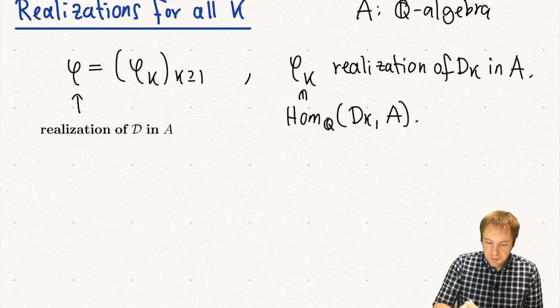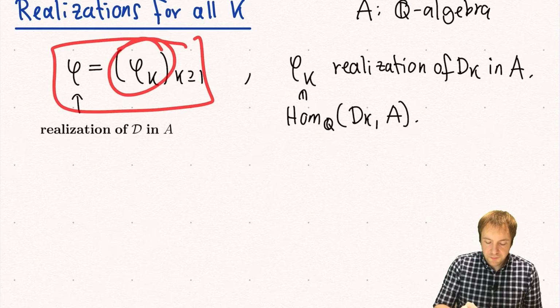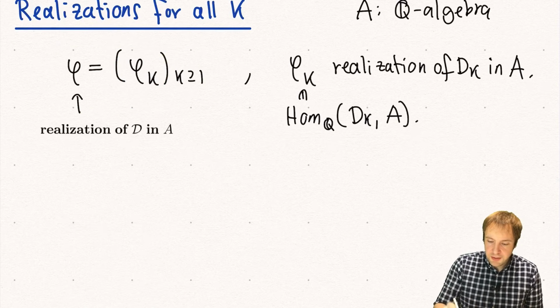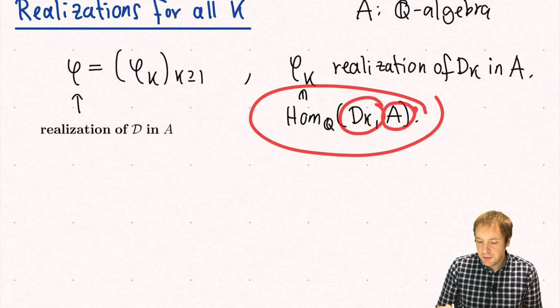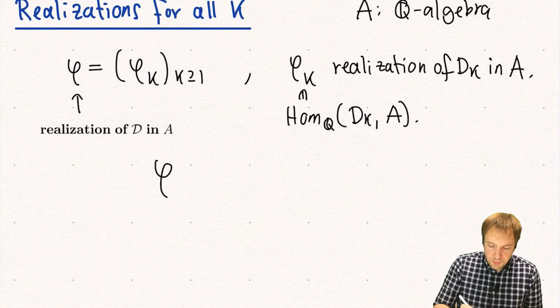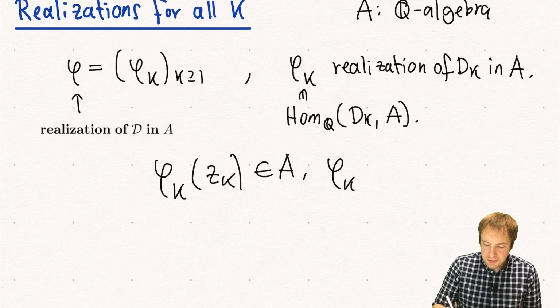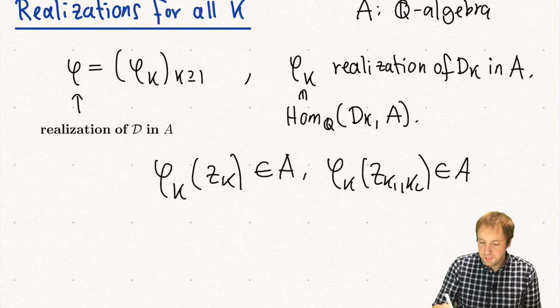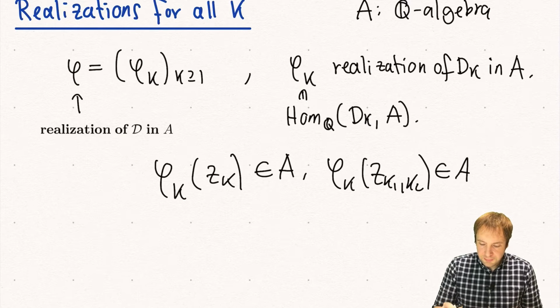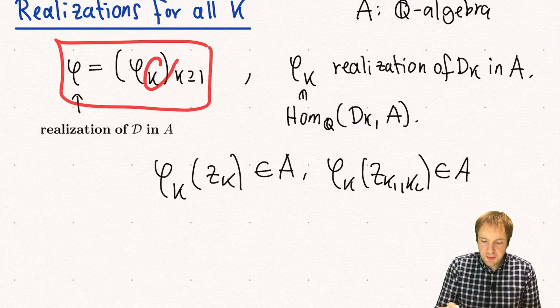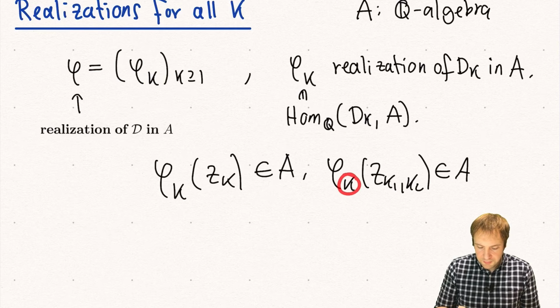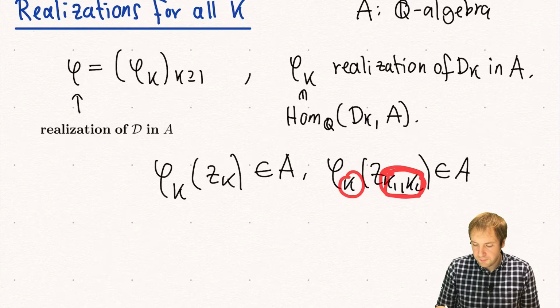well, here I should also say, a realization is a collection of phi_k, and each phi_k is a homomorphism from D_k to A. So we can say what we mean by phi_k of z_k. This is an element in A, and also phi_k of z_{k1 k2} is in A, and similar for P. If we have a realization for all k, I will leave out this k here, because the weight k becomes clear from this index.